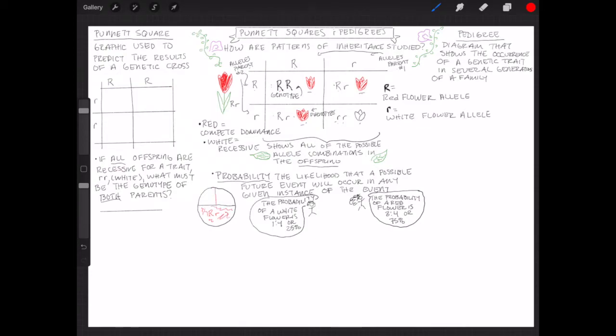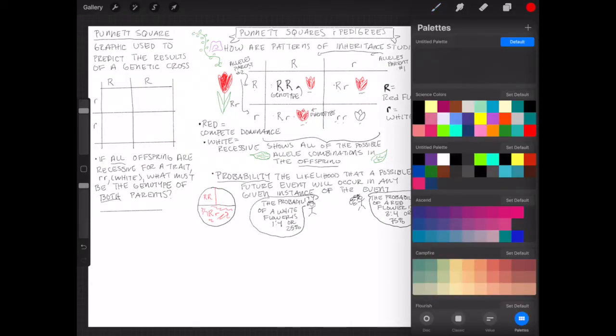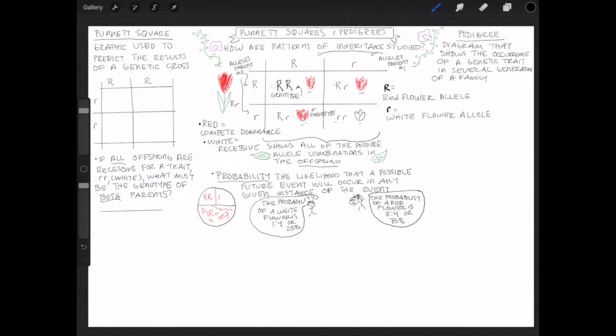We have a 25% likelihood. It'll be that combination and a 25%. I'll make this easier here. So we're going to do a graph. That's what we would do. So that represents 25, 25, and 50. Okay.